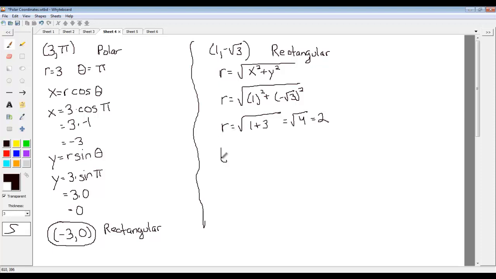Then tangent of theta equals y over x. So theta is the inverse tangent of y over x. So in this case, the inverse tangent of negative square root of 3 over 1, or negative square root of 3.